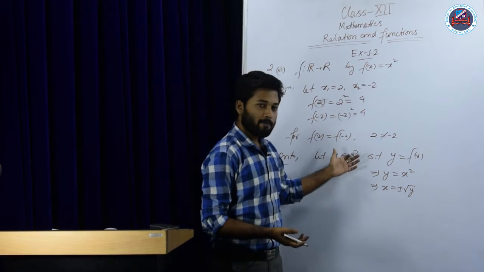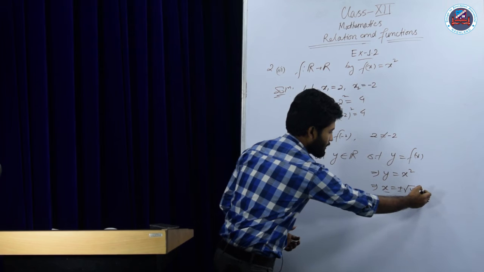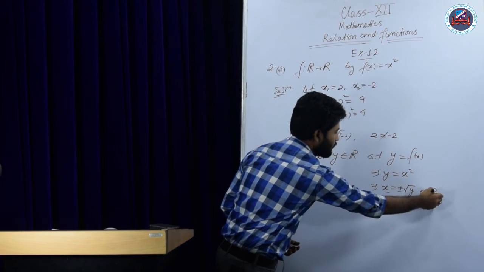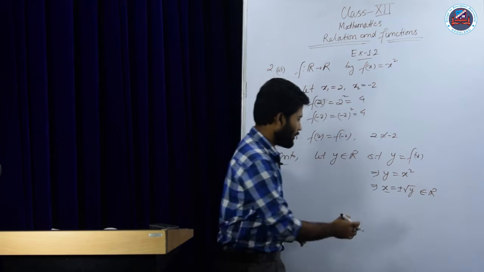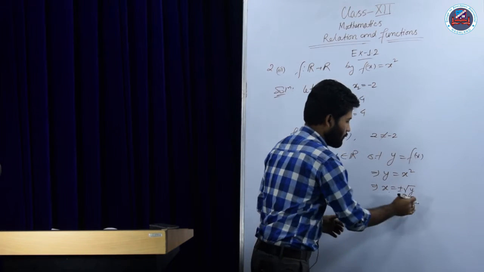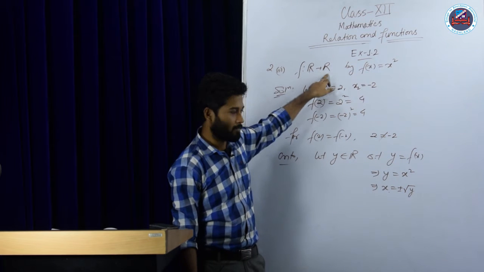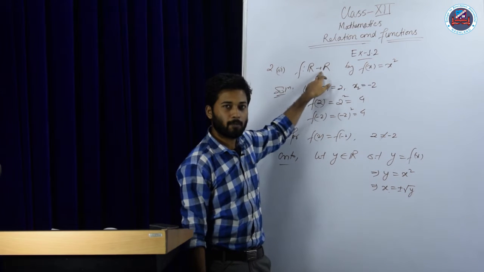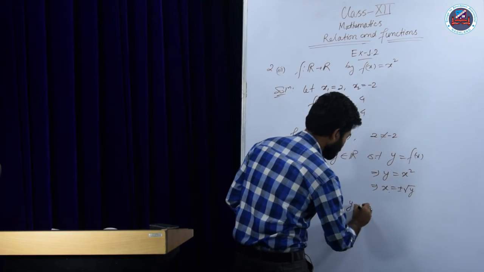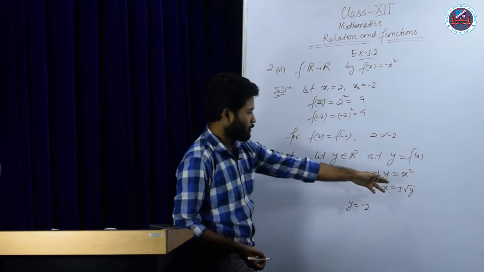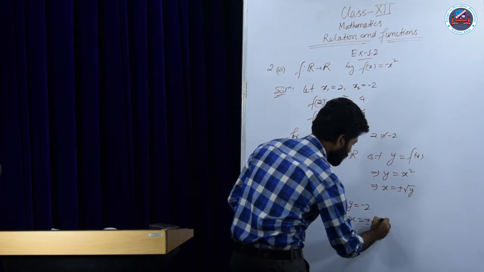Now we can say that this function is onto only when this particular x belongs to the domain. But here, this y belongs to the codomain, and what is our codomain? It's the set of real numbers, and we know that in the set of real numbers we have the negative numbers as well. So let me take y is equal to minus 2. Then x will be plus minus root over minus 2.